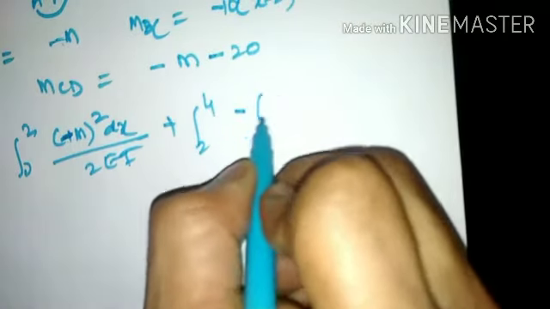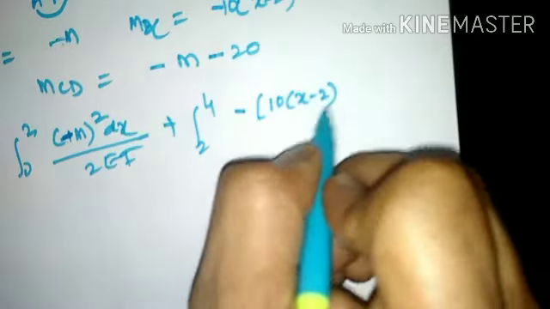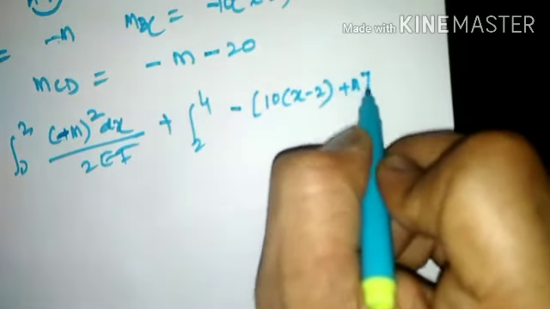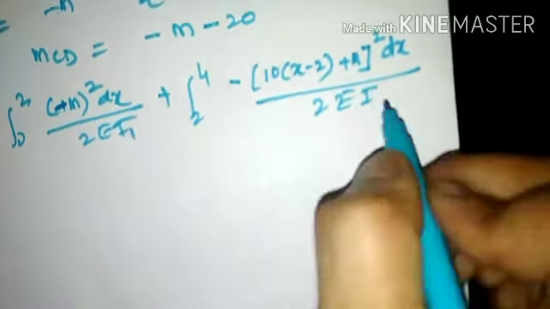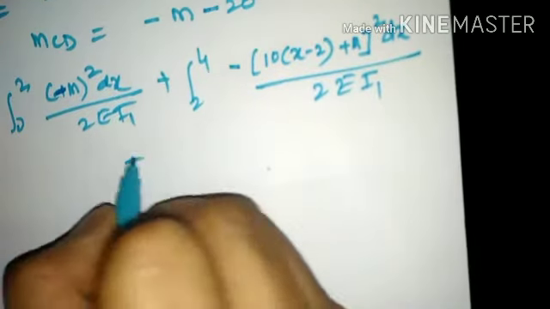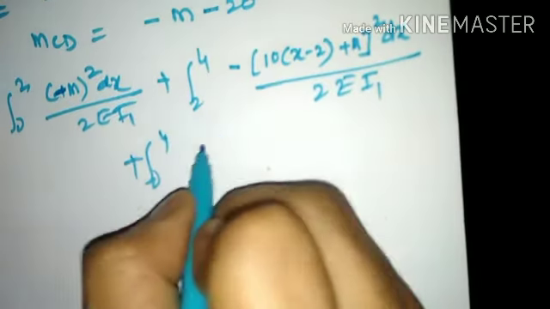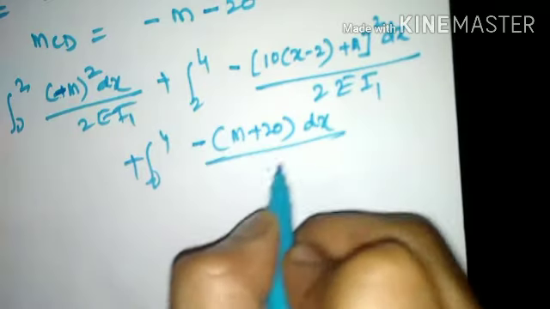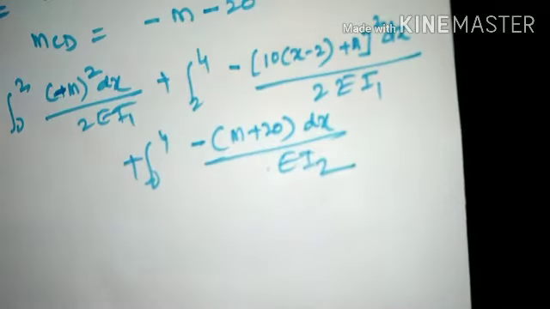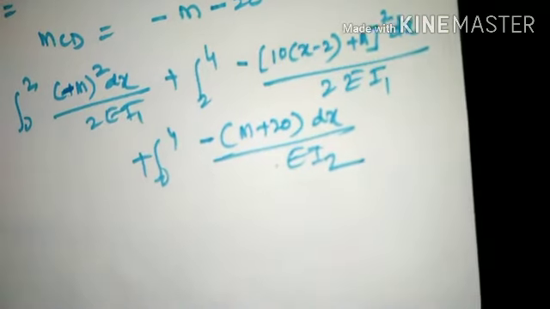Then the next expression, 2 to 4, if you take the minus common outside, it is [10 into (x minus 2) plus M] square bracket squared dx divided by 2EI, and both I's are I1. Then the last expression is 0 to 4, (minus M plus 20) squared dx divided by EI2. This is the expression of the last term.